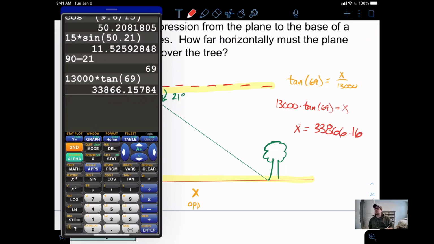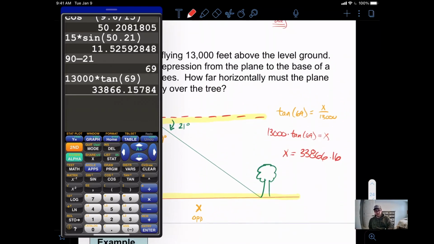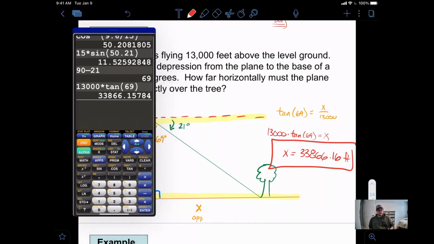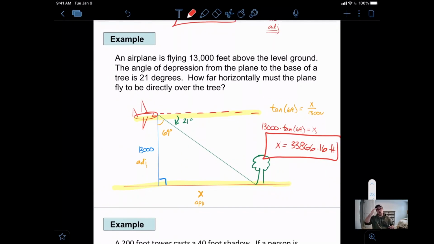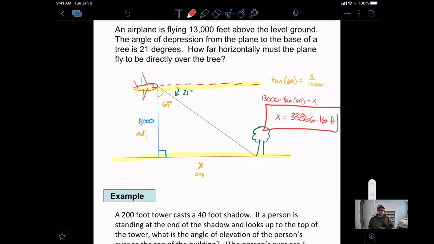I think we're talking about feet in this problem, feet. So really, that airplane still needs to travel multiple miles in order to actually get over that tree because of how tall or high up in the air he is.